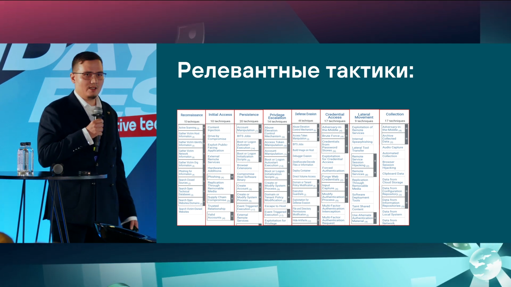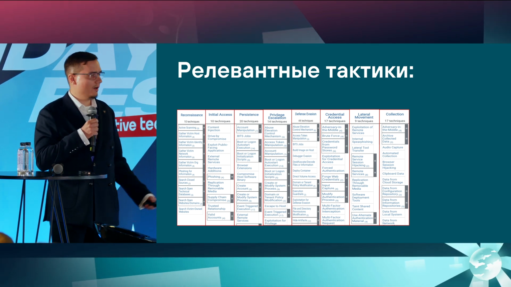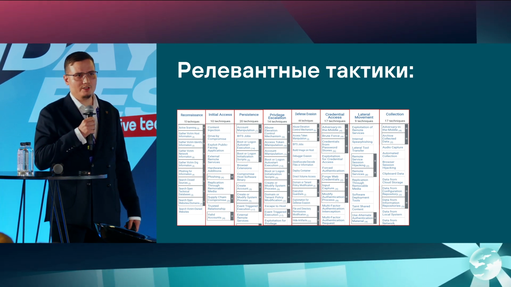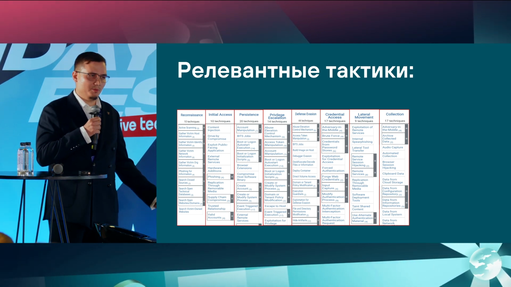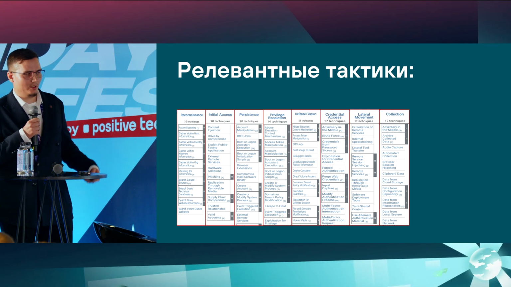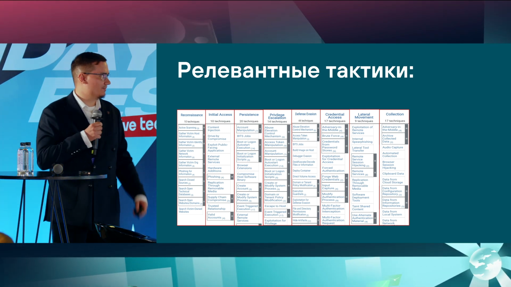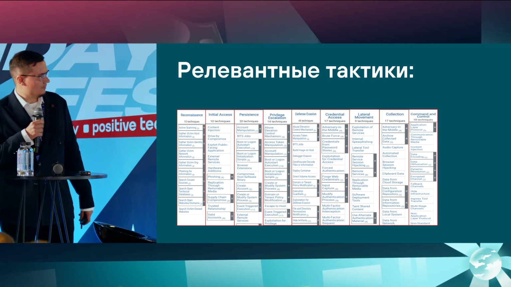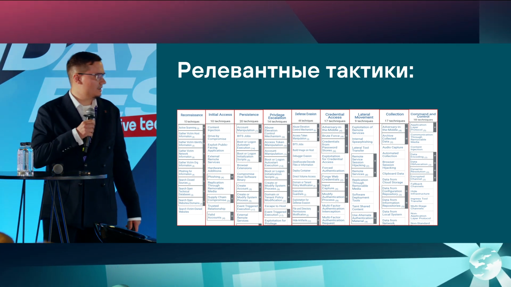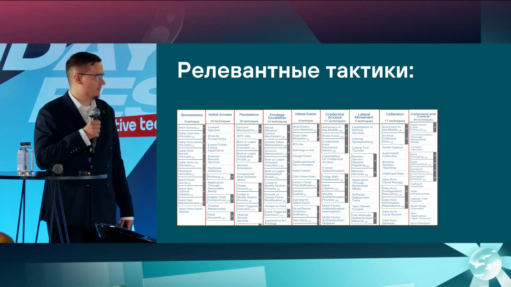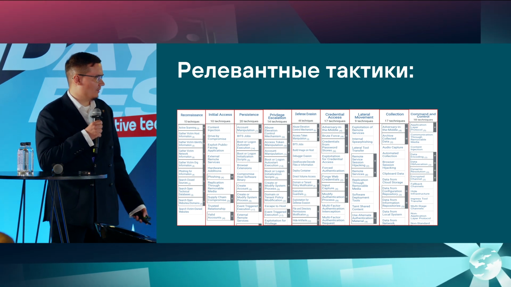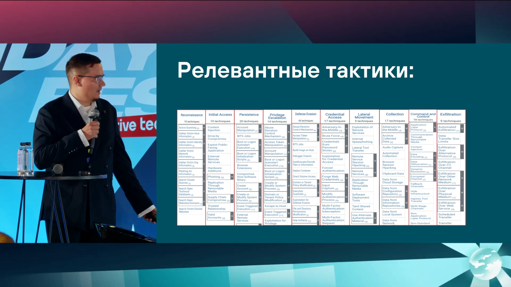Then, of course, Collection. If your system has been breached, they do it for a reason. So either you already store some valuable information, or they want to persist in the system and expand their use.